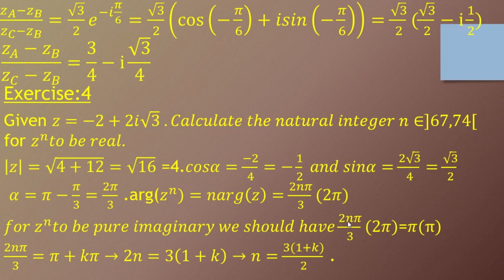So 2n pi over 3 equals pi mod pi, or k pi, the same. If we take mod 2 pi to the other side, we get mod pi.